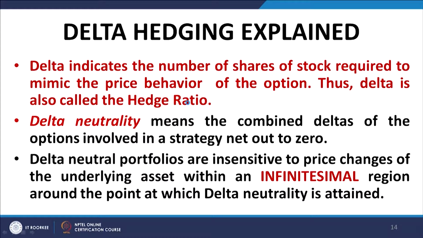Delta hedging we have already encountered in the context of the Black-Scholes model. We constructed a portfolio consisting of either a long position or a short position in one unit of the derivative, and we neutralized the price change of the derivative by taking delta units of the underlying asset, and then we said that this portfolio has no term that depends on the Brownian motion, or depends on the fluctuations of the prices, and therefore, it will generate a risk free asset.